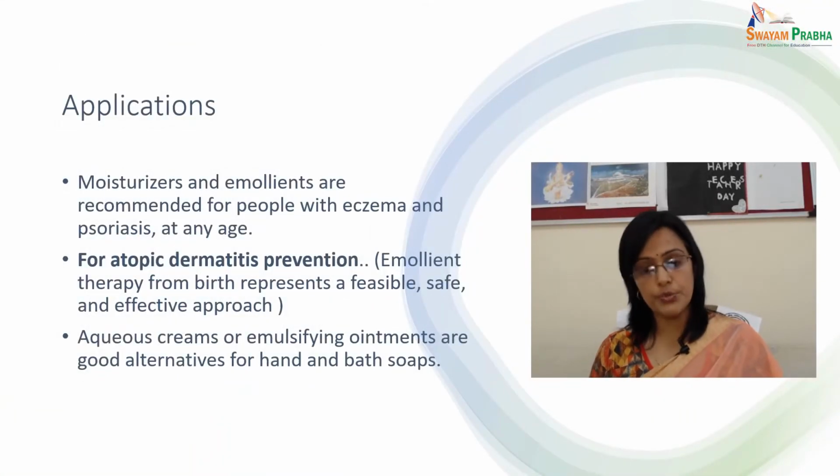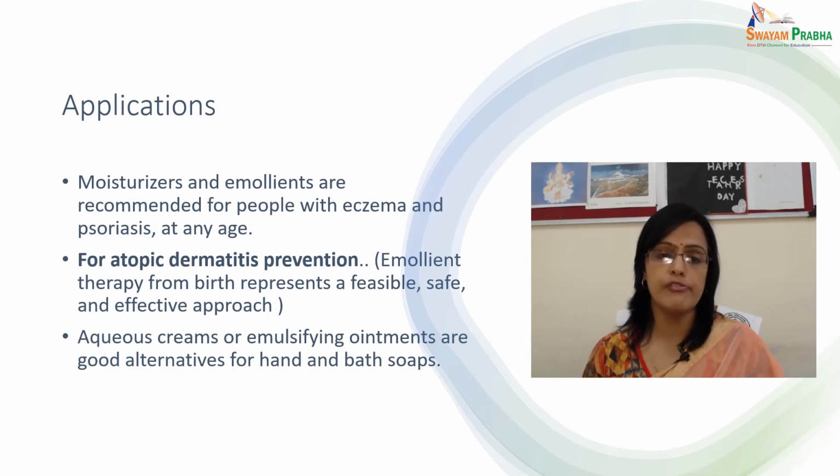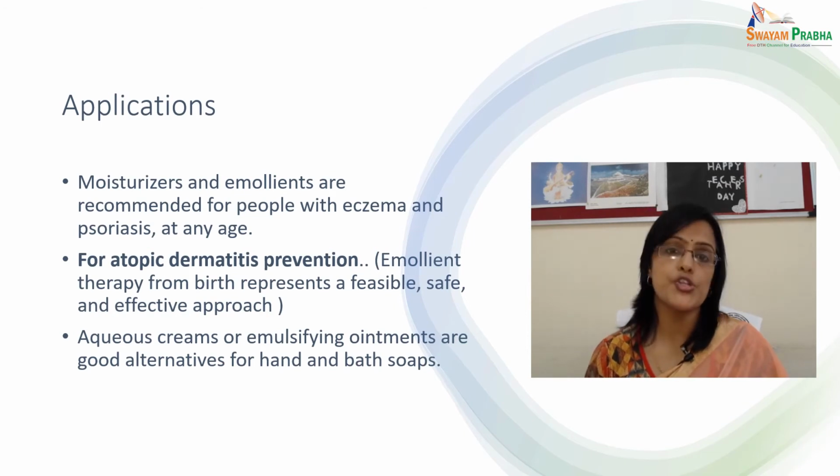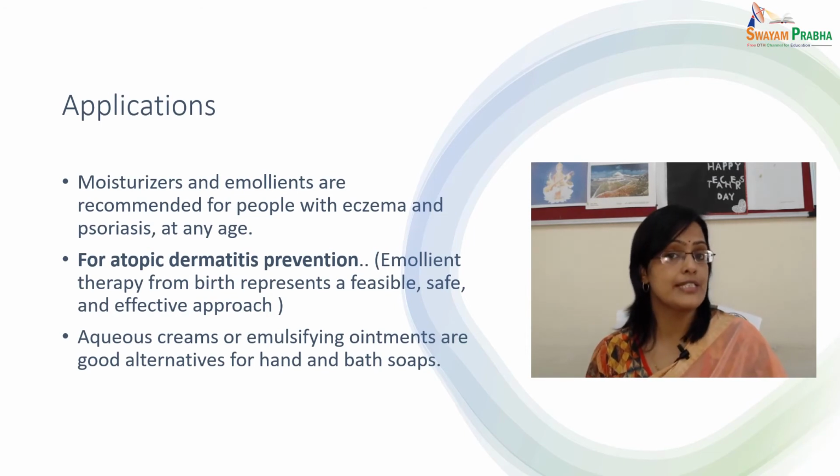So dear students, moving to the application of these emollients. Emollients are used as moisturizer. It is going to protect your skin with eczema, psoriasis at any age, and people with eczema and psoriasis can find soap too drying for the skin.